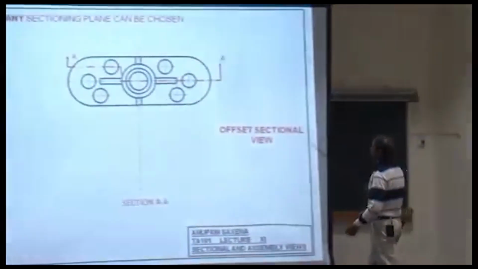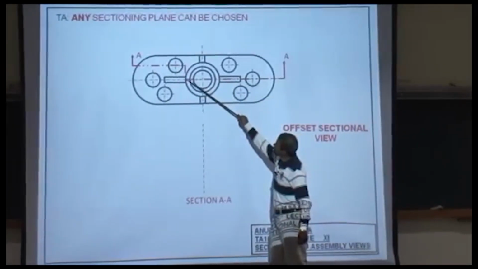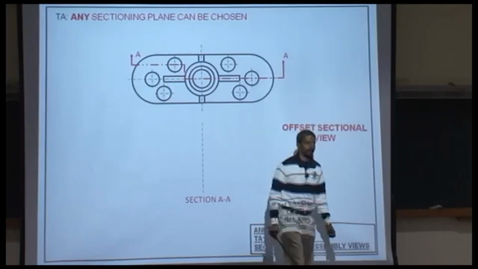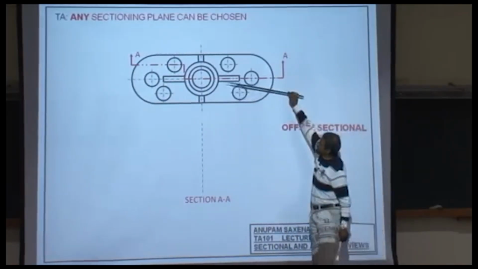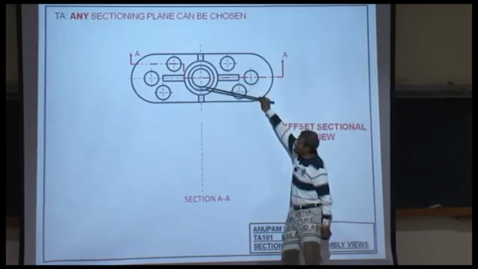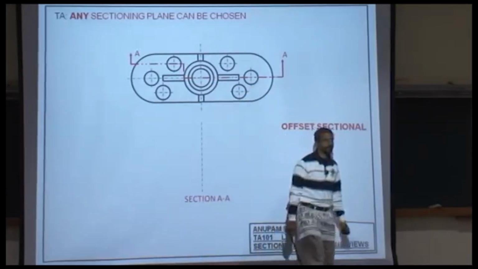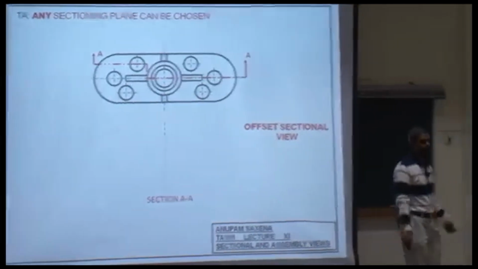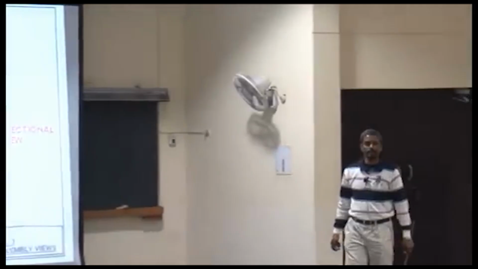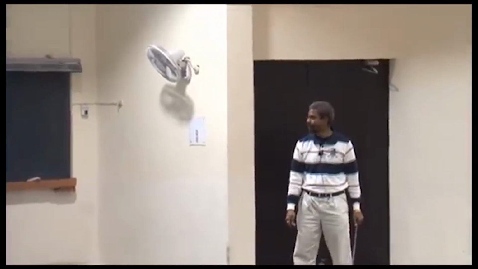Starts from here up till here, goes back, starts from here up till here. So the right part is actually showing the center part of the object, and the left part is also covering the features which are at the back of the rib. So you can choose the section plane you want. Take this part off and start drawing the front view.